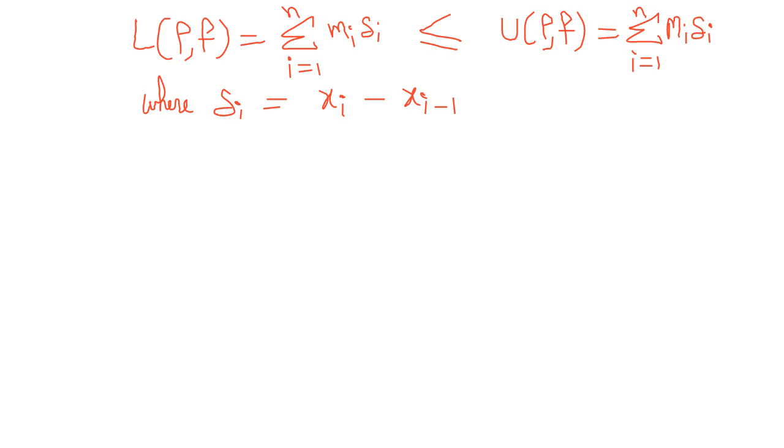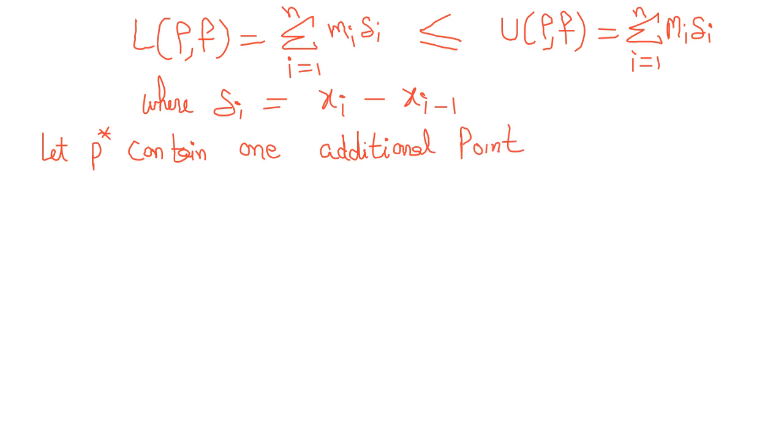Now let P star contain one additional point. Very interesting thing. All the points of P, but one additional point. That's why I am considering it as a refinement. Let P star contain one additional point of division.